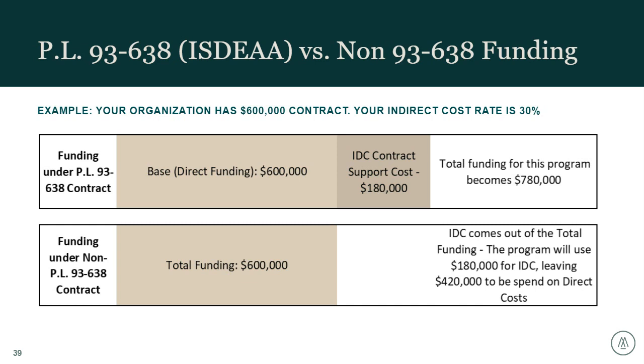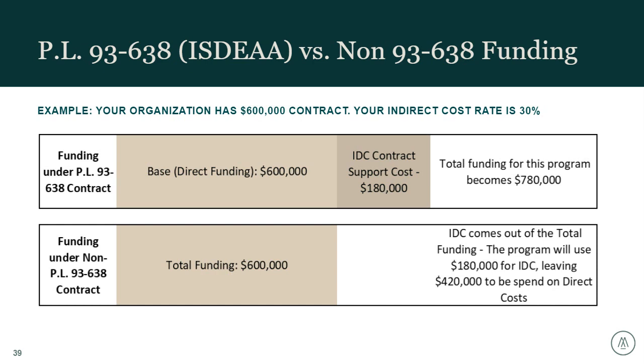If it is not a 93-638 contract, indirect cost comes out of the total funding of the contract. If your organization has negotiated an indirect cost of 30%, that means the program will use $180,000 of the $600,000 funding for indirect cost, which would leave only $420,000 to spend on direct cost of that program.